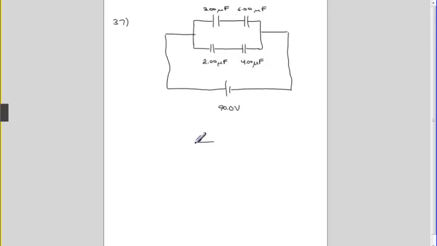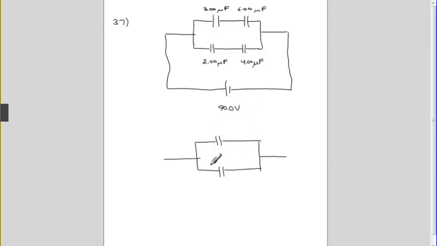So the first thing we're going to do, we're just going to look at the capacitors first, and we want to make this circuit. So we're going to replace these two series capacitors with one capacitor, and we're going to replace that.